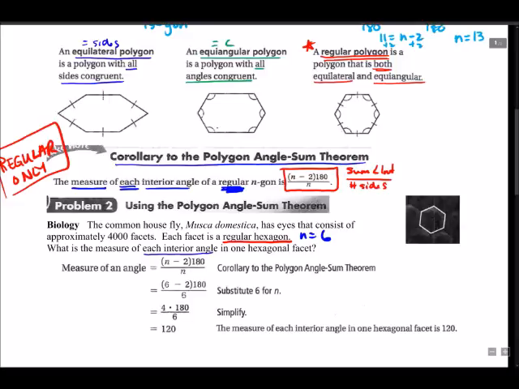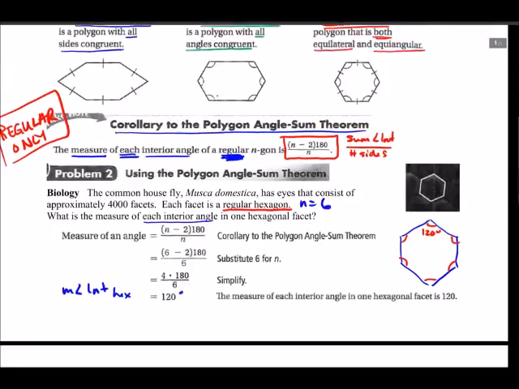We get 4 times 180 divided by 6. We end up with the measure of one interior angle of our hexagon is 120 degrees. So in our hexagon here, this is a regular hexagon, we can mark all of these congruent, and they're all 120 degrees.